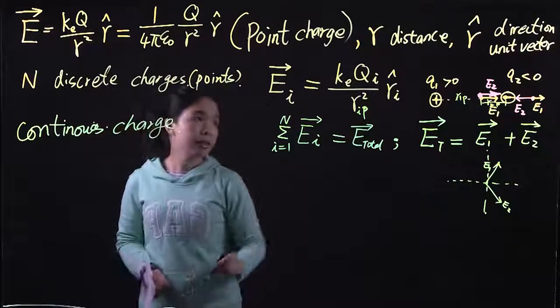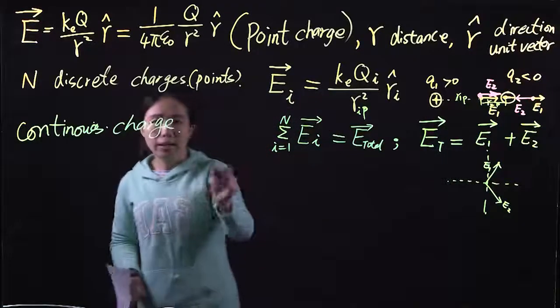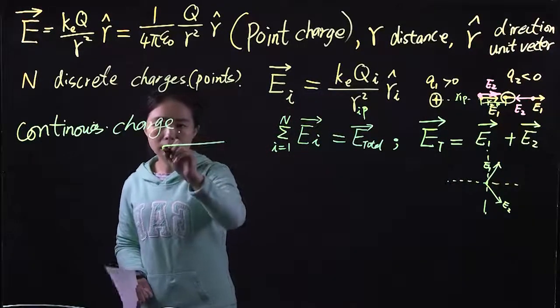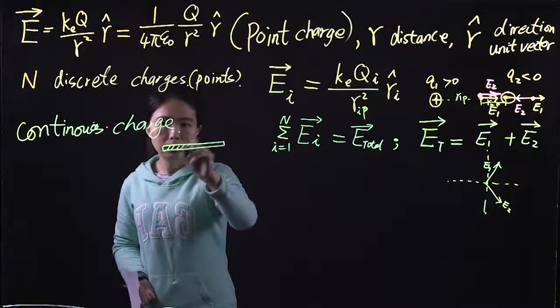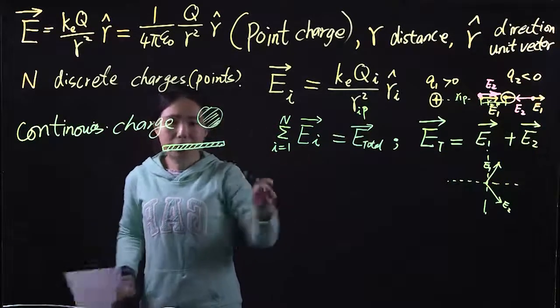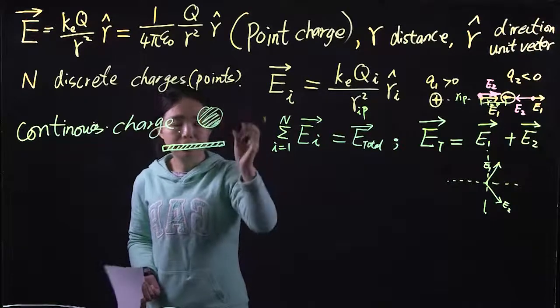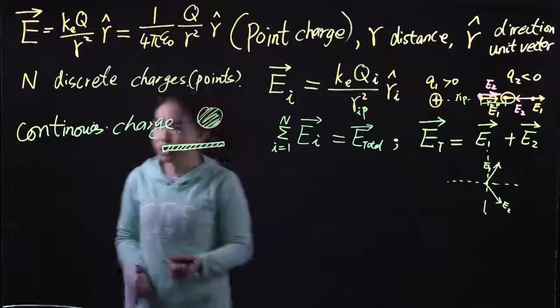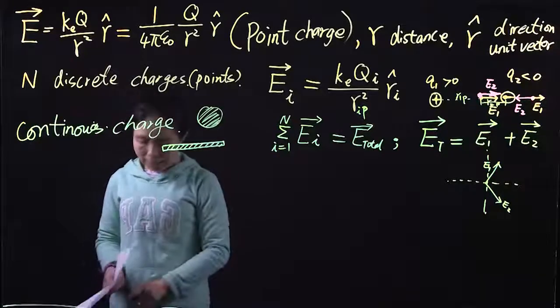Continuous charge means that instead of individual points, you have a long rod, or a sphere, or whatever shape. It's not very small, it's not a point, it has a particular shape. When you have that, what happens?